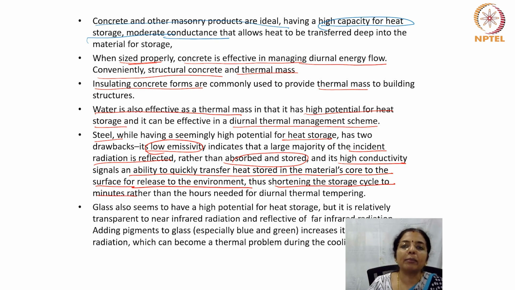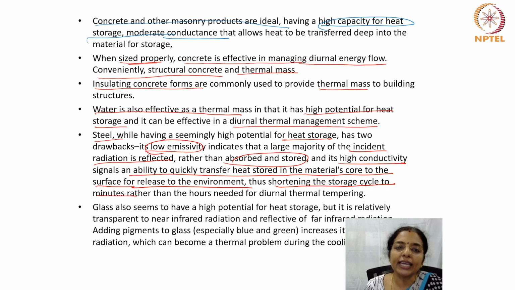Adding pigments to glass such as blue and green color increases its ability to absorb radiation, which can become a thermal problem during the cooling season. So this study has clearly shown what materials are advantageous as a combination of a thermal mass and nocturnal ventilative cooling by virtue of the material properties.